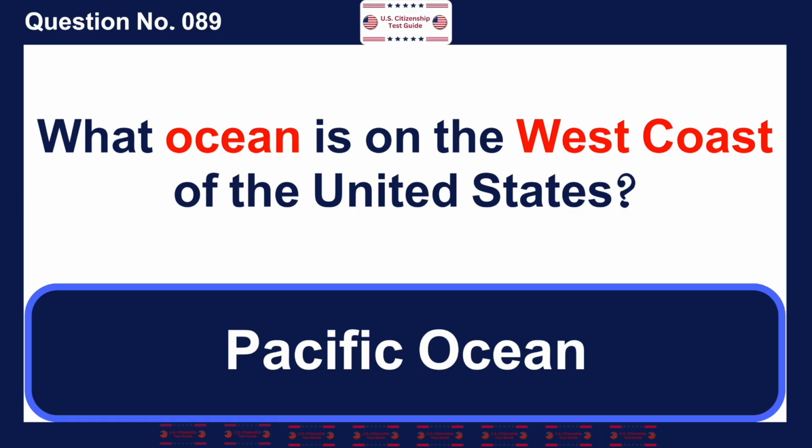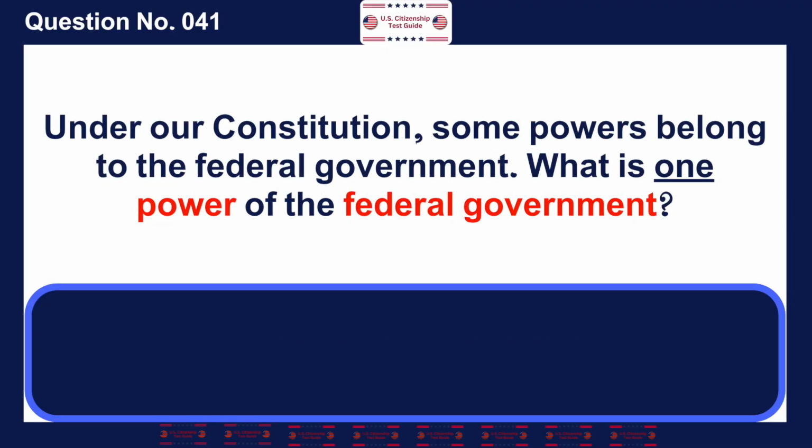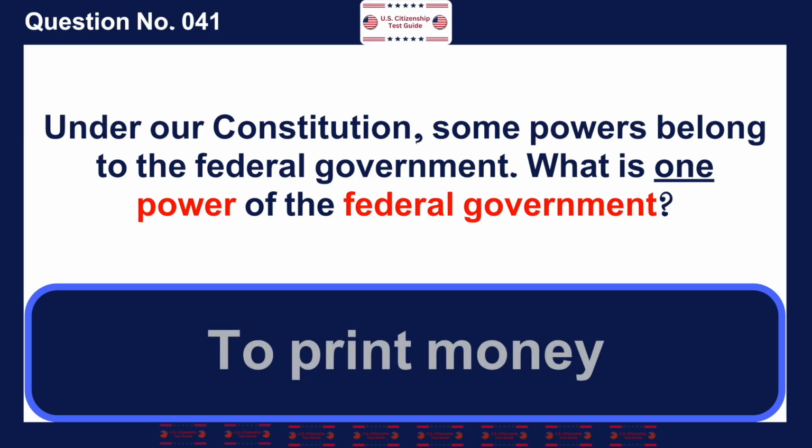Pacific Ocean. Under our Constitution, some powers belong to the federal government. What is one power of the federal government? To print money.